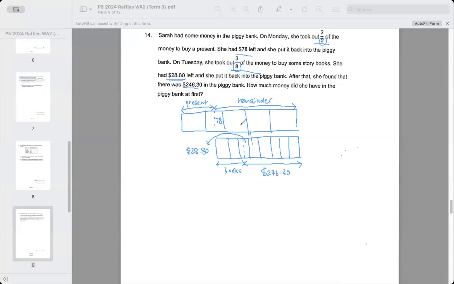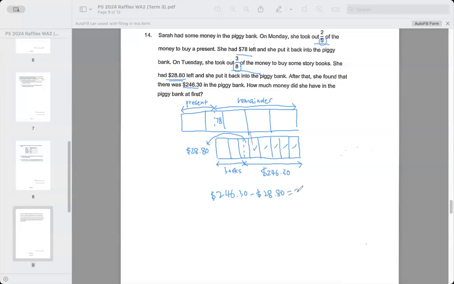This $246.30 is not made up of all equal units because there's this extra $28.80. So what we have to do is subtract this $28.80, and we will get 1, 2, 3, 4, 5 units. First I take $246.30 and subtract the $28.80.